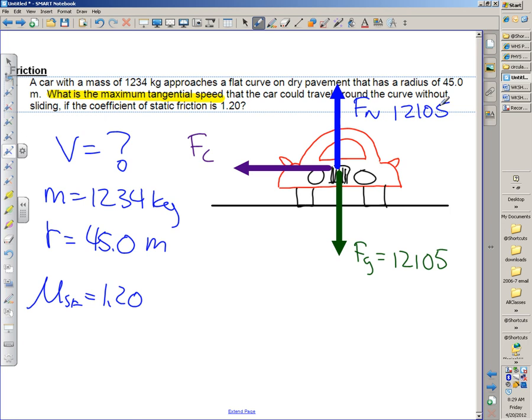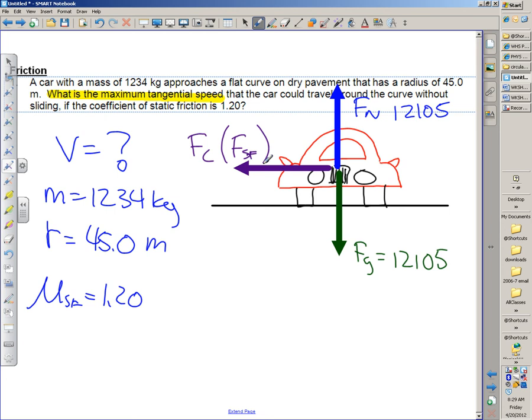It creates friction on the surface. And friction prevents your car from going in a straight line and makes it go into that curved path. That means here, there is a centripetal force, but what's providing it? Friction. So we could label this as centripetal force, but we could also label it as static friction. It's a static friction force, kind of in a complex way, but don't worry about that right now.